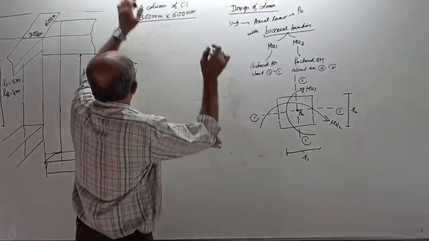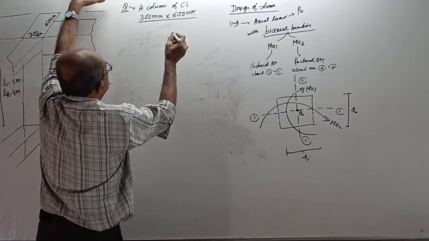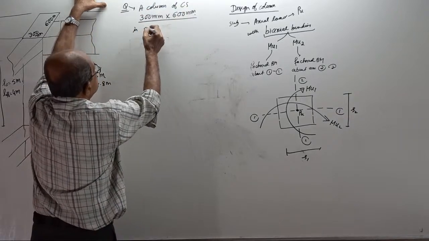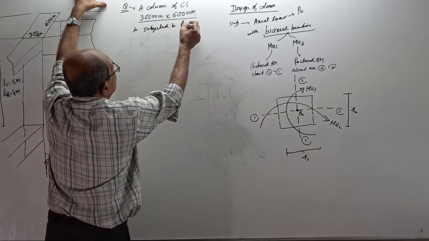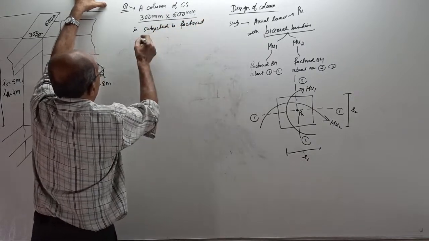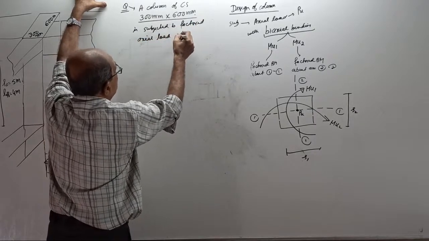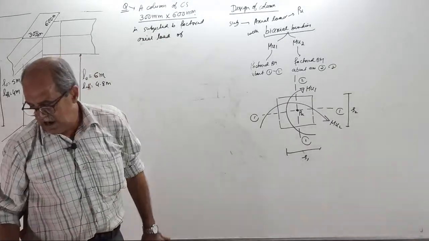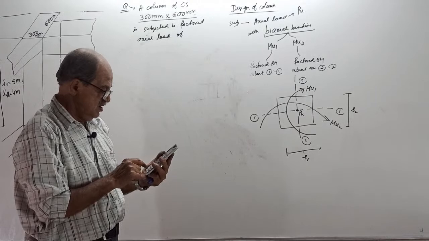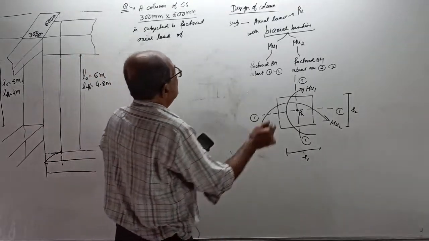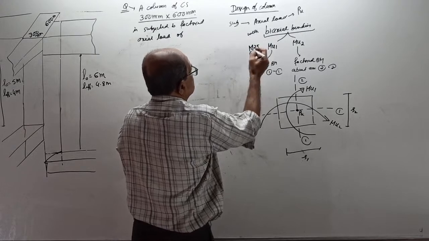Okay, start now. A column of cross section 300 by 600 mm is subjected to a factored axial load of, I should set the question, one minute. I will use M25 and Fe500.